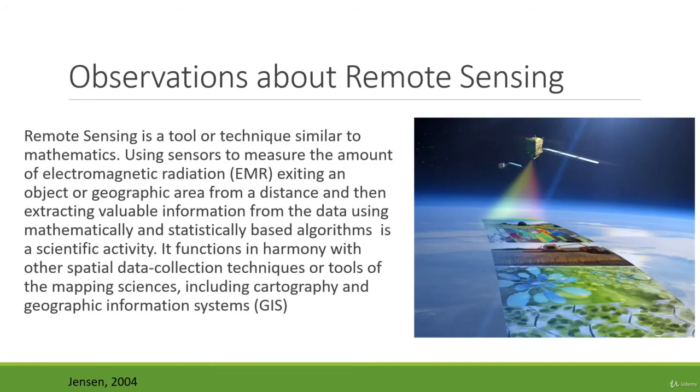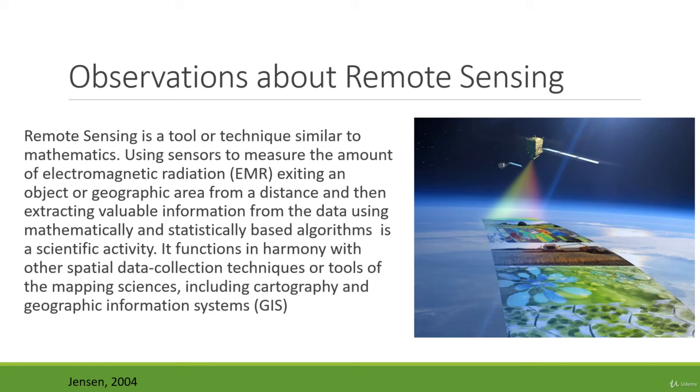Here's another remote sensing definition that goes in a little bit more detail. Remote sensing is a tool or technique similar to mathematics. We use sensors to measure the amount of electromagnetic radiation or light exiting and reflecting from an object from a distance, and then we extract that valuable information from the data using mathematically and statistically based algorithms.